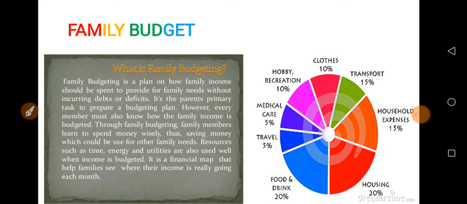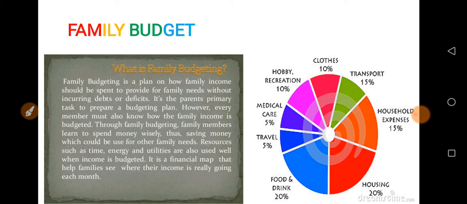Through family budgeting, family members learn to spend money wisely, thus saving money which could be used for other family needs. Resources such as time, energy, and utilities are also used well when income is budgeted.